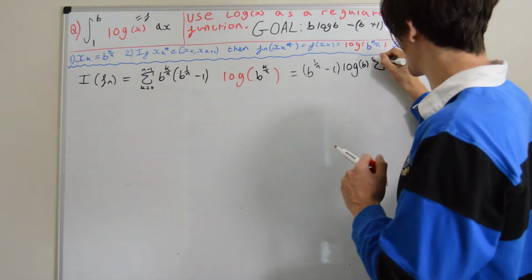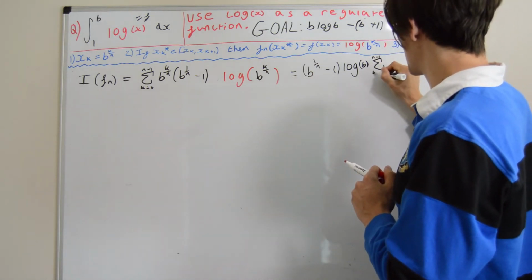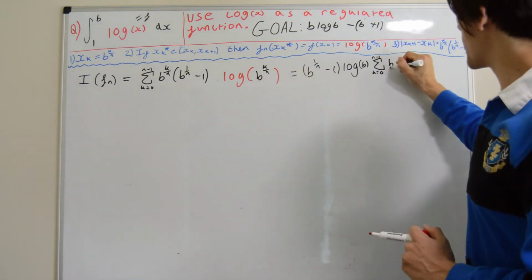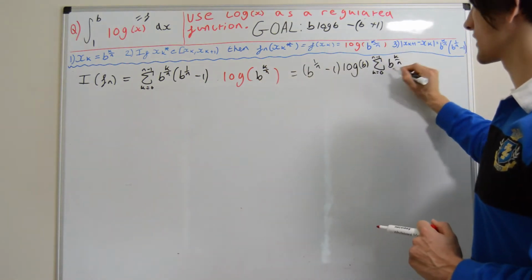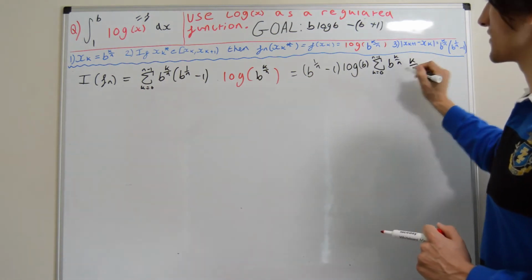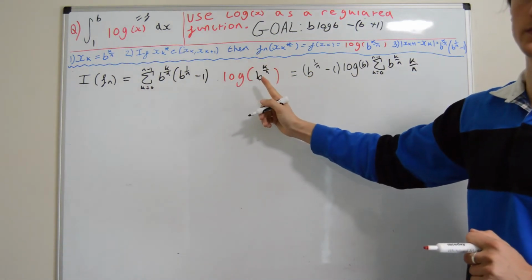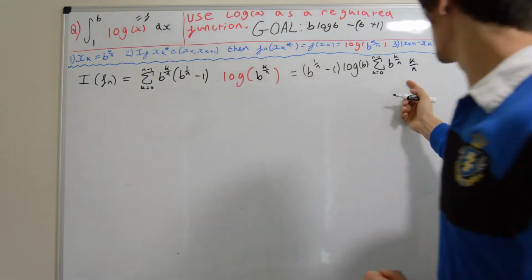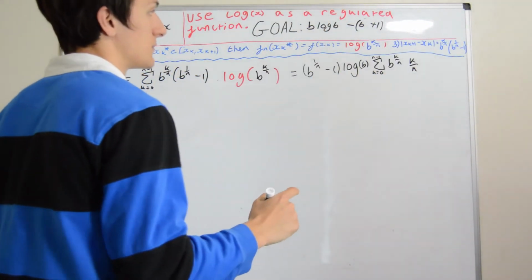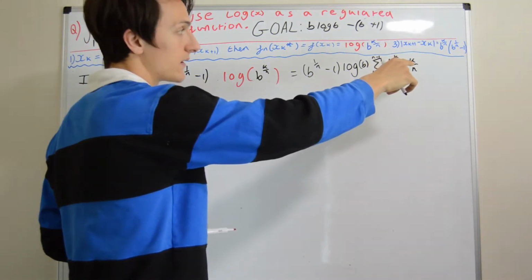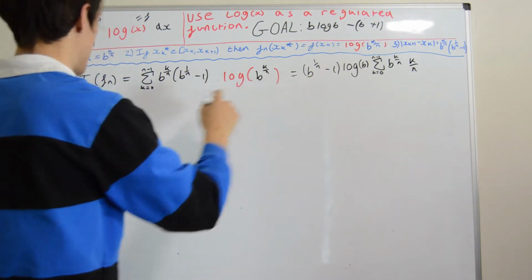So it's still the sum from 0 to n minus 1, and then let's put everything that does depend on k back in. So we have this, and then we have k over n, and this k over n came from bringing the power down from here. Let's consider this. First of all, I'm going to bring out this factor of 1 over n, and then rewrite this slightly differently.